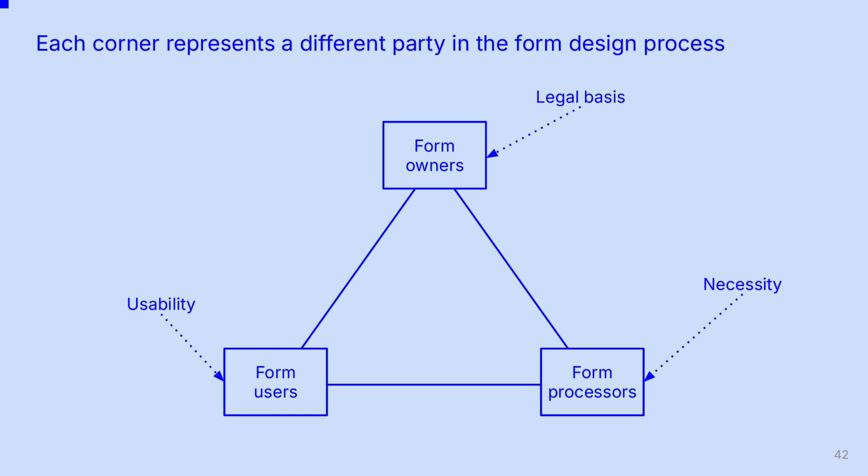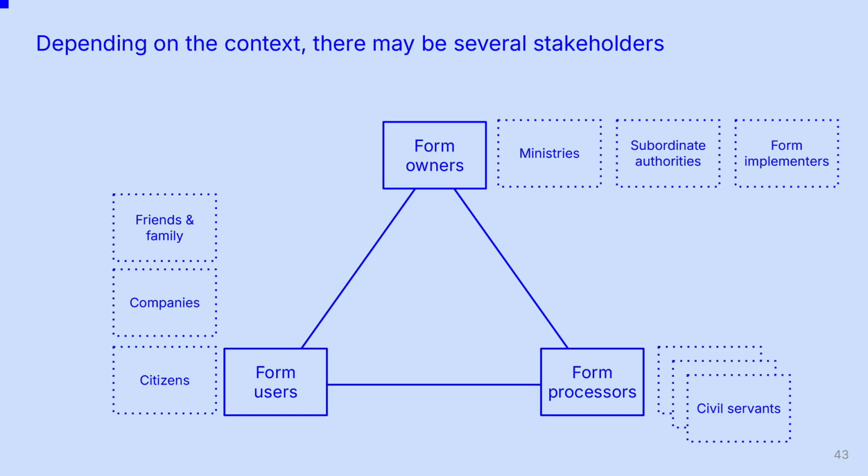And this is a triangle, but depending on the context, there may be many more stakeholders in each of those corners. So for the form users, it's mostly citizens, but in the case of legal aid, sometimes friends and family help out filling out the form. Especially for kids and elderly people, it's often friends and family. This can also be companies.